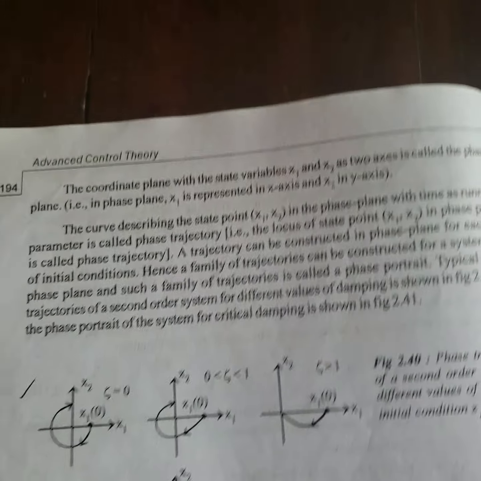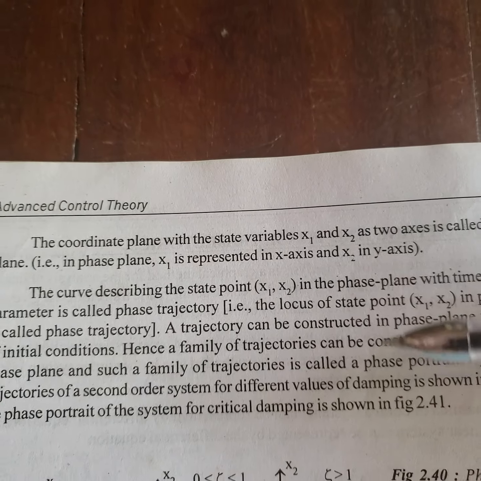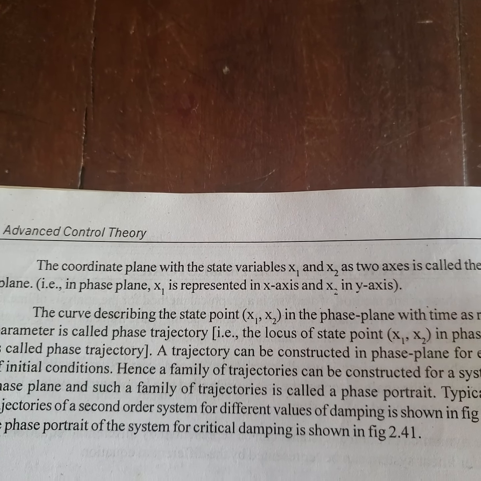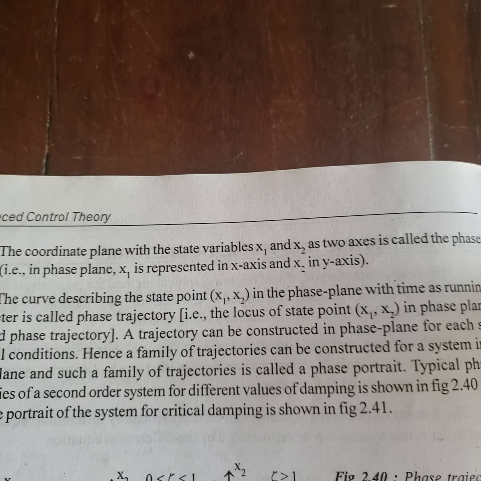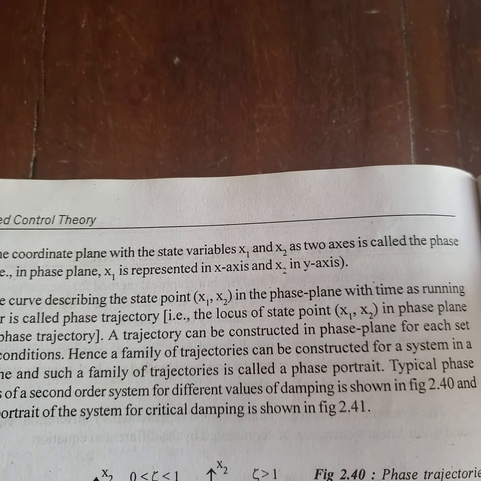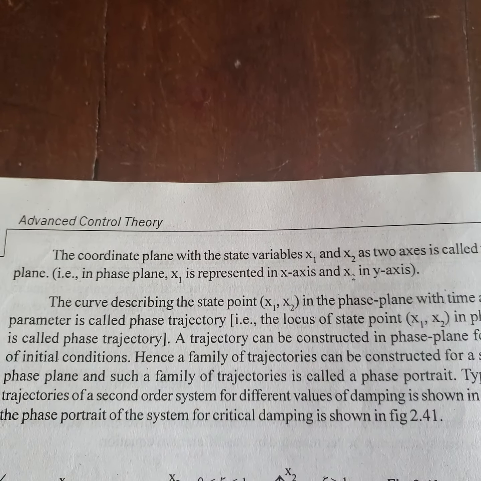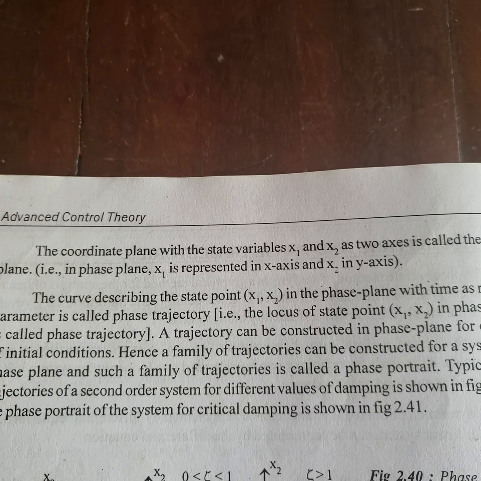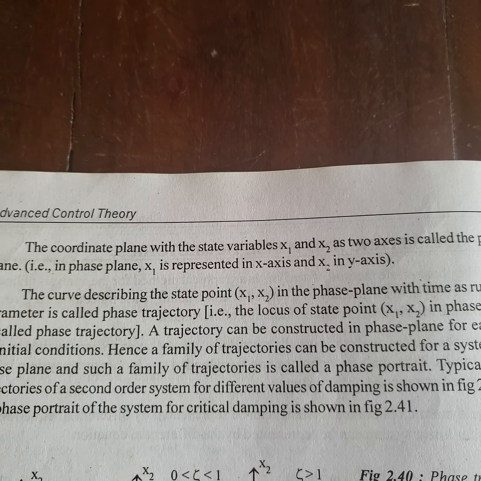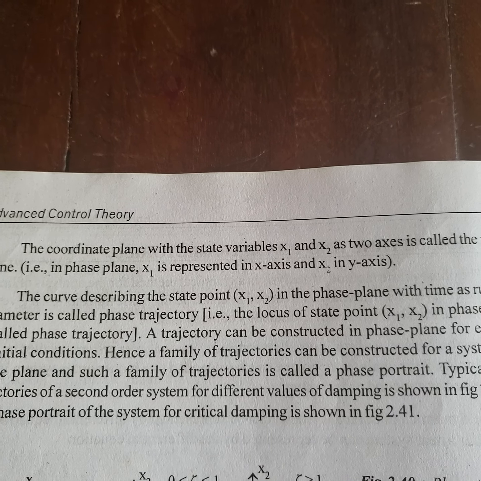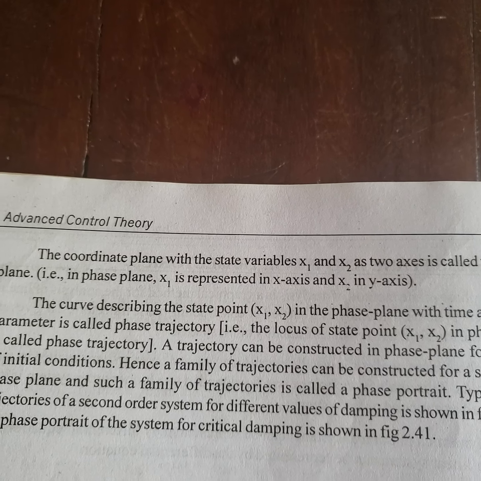So what is a phase plane? A coordinate plane with the state variables x1 and x2 as two axes is called a phase plane. That means it is a plane in which the x-axis is represented as x1 and the y-axis is represented as x2.